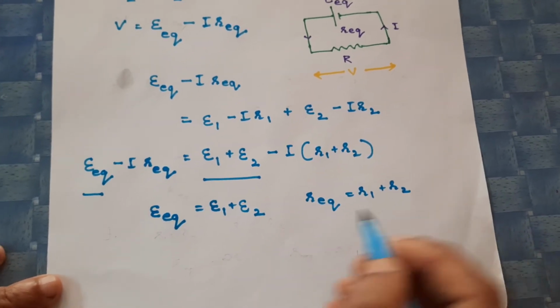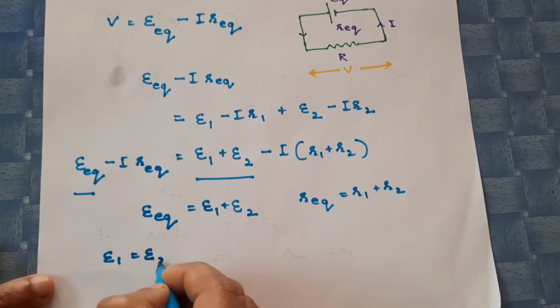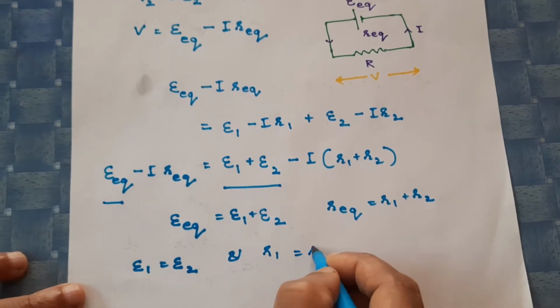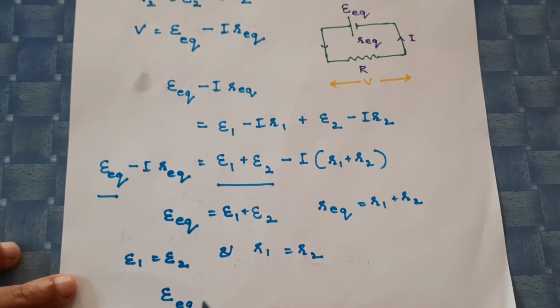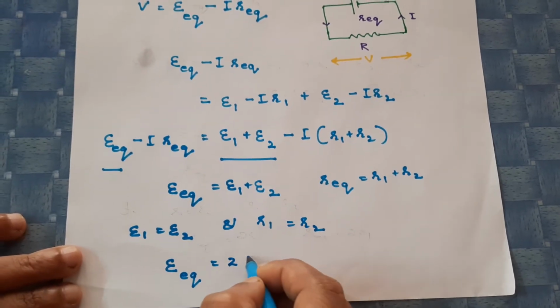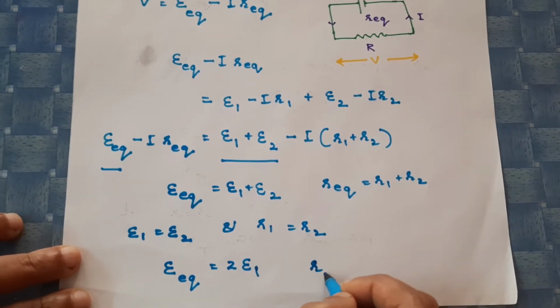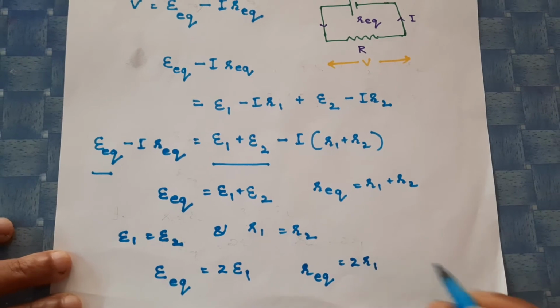If the two cells are identical, then E1 is equal to E2 and R1 is equal to R2. Then the equivalent EMF will be equal to 2 times E1 and the equivalent internal resistance will be equal to 2 times R1.